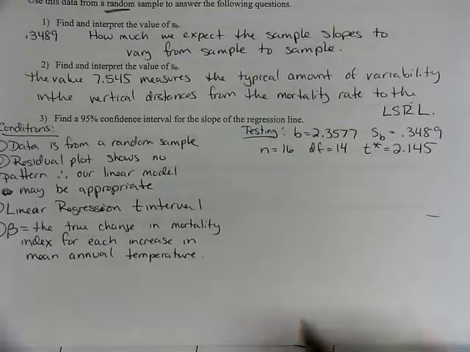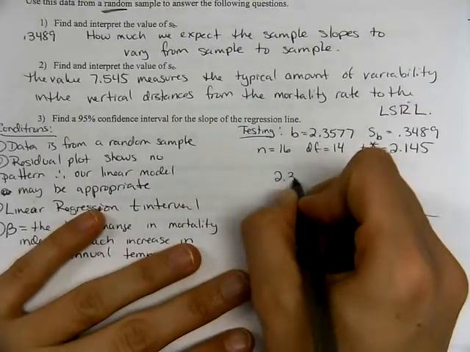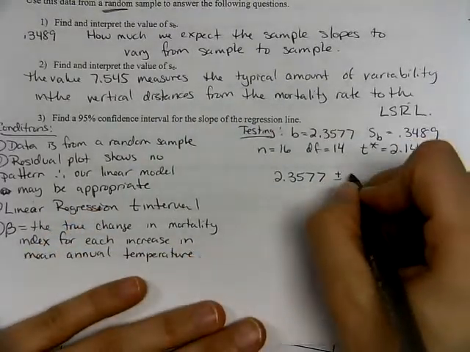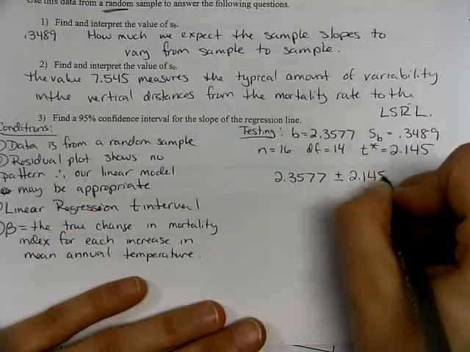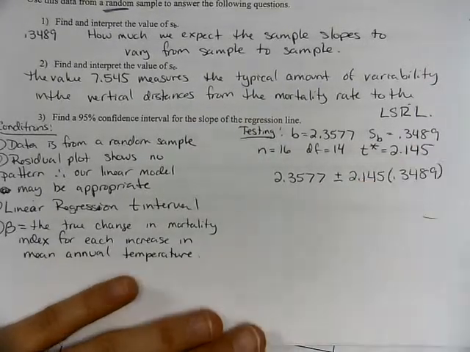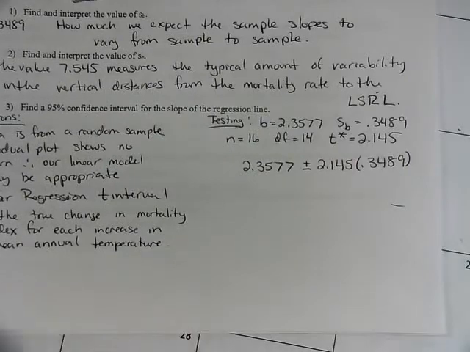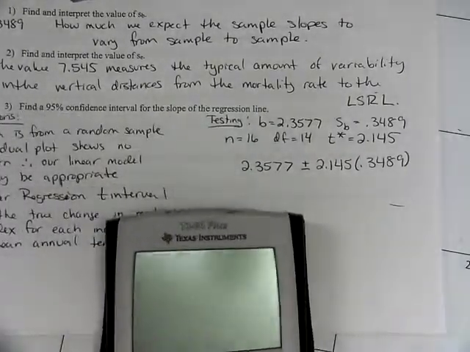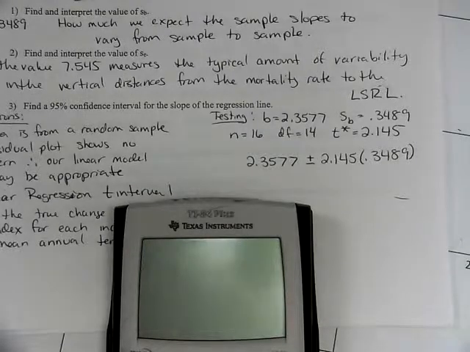And then just do the actual math. It's always your slope, let's put it right here, plus or minus t star times the standard deviation. And then use the calculator to calculate it. I always do the minus first.